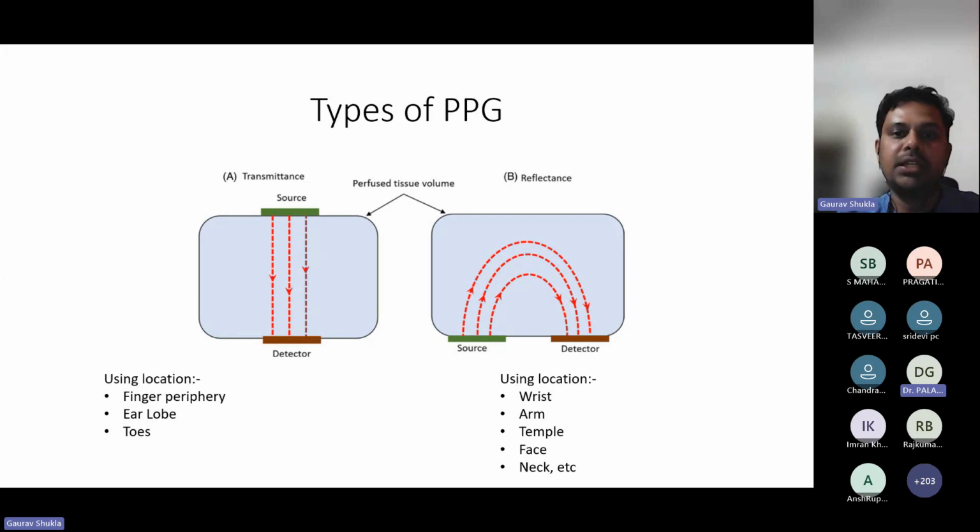Basically, PPG could be in two different modes. One is the transmittance type, and the other is the reflectance type.